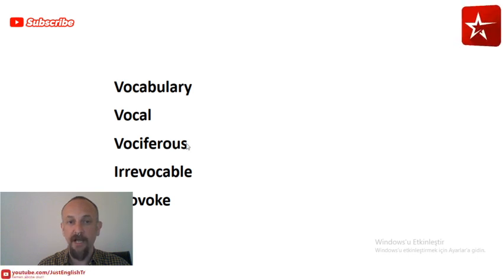Sometimes people say jealous or jealous. It's actually an sound. Vociferous. Here we've got a short I, ear, re, vo, k, and we've got that sound again. Irrevocable. And here we've got two ways to actually say this. Provoke. We've got that same sound again, provoke.